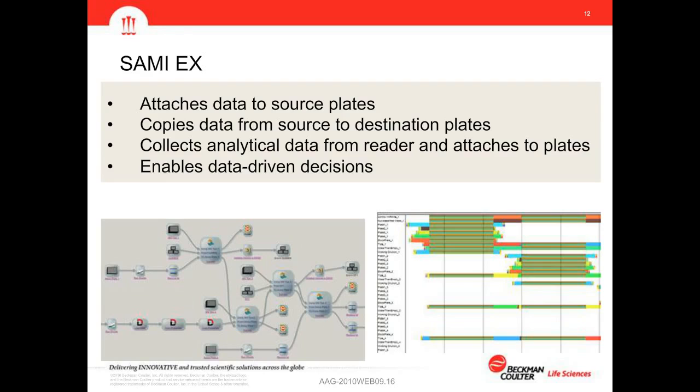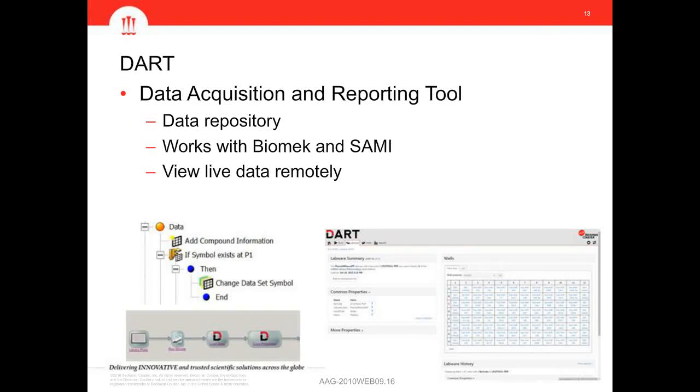It collects analytical data from readers or other instruments that produce data, such as a 2D barcode reader, and then attaches that to plates as well. It can also be driven through information that's on labware or at the well level to affect the direction that automation takes, such as some hit picking or some if-statement type functionality.